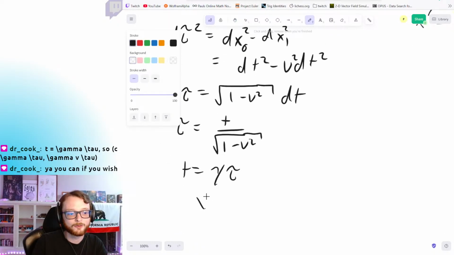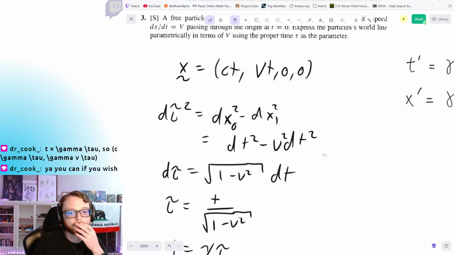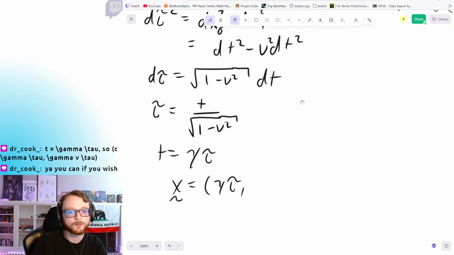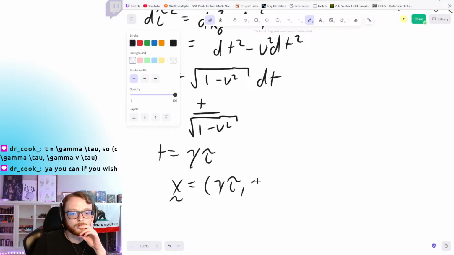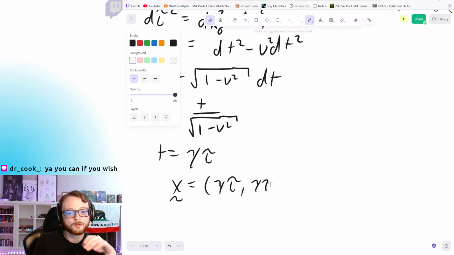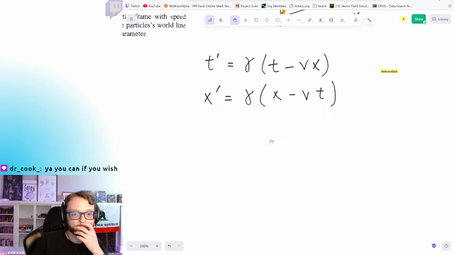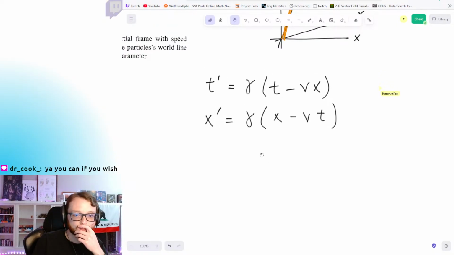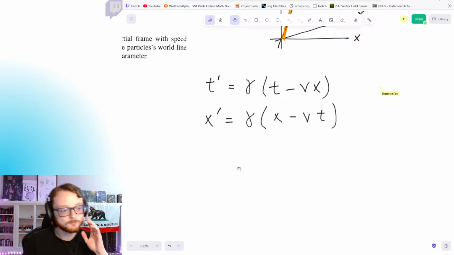That means the time component is gamma tau, the x component is v gamma tau, or maybe gamma tau v. Would the Lorentz boost have gotten us there directly? Something we need to zero out here for this to work, right? So basically you had to change each t into gamma tau, right?